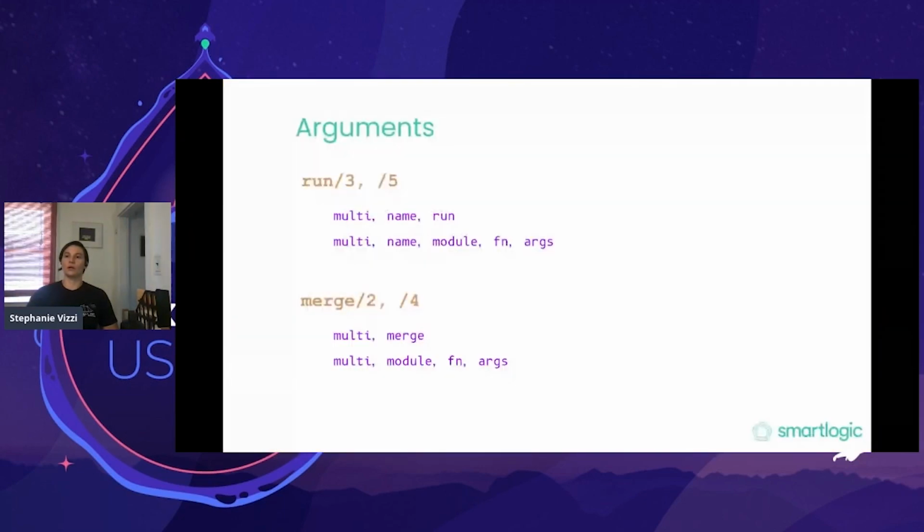So the ones I'm going to look at are run and merge. There are two different versions of this as well. The longer array versions are the ones where you can just pull directly from a module and just use that directly in the multi section right there. So that's really nice.